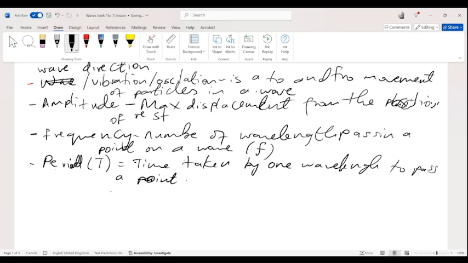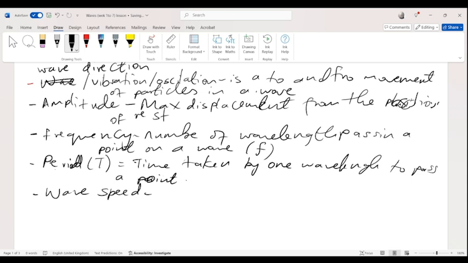Now, lastly, we have the term wave speed. Wave speed. Now, the wave speed is measured in meters per second.